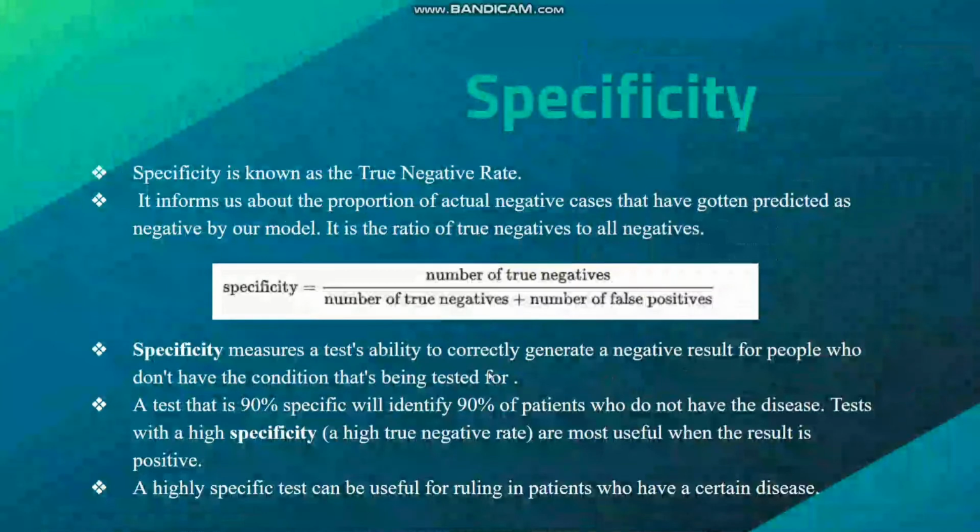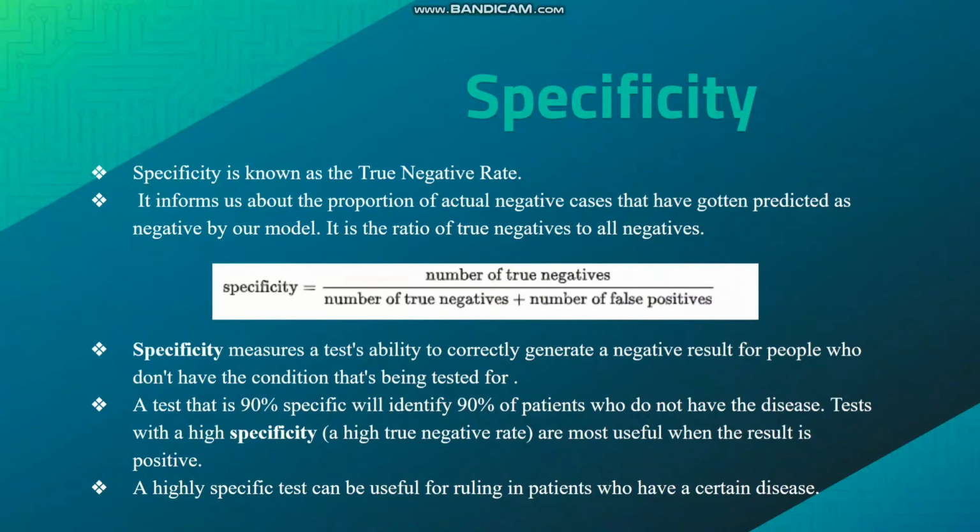Specificity measures a test's ability to correctly generate a negative result for people who don't have the condition that's being tested for. A test that is 90% specific will identify 90% of patients who do not have the disease.